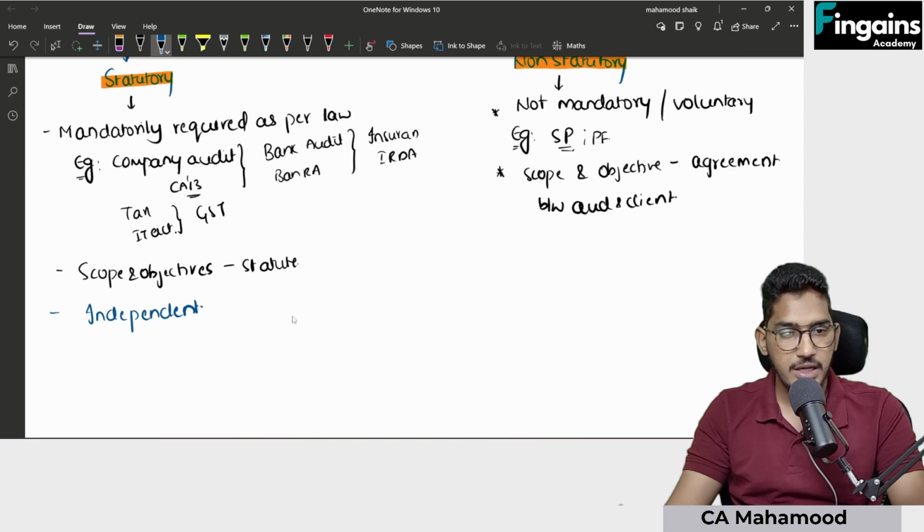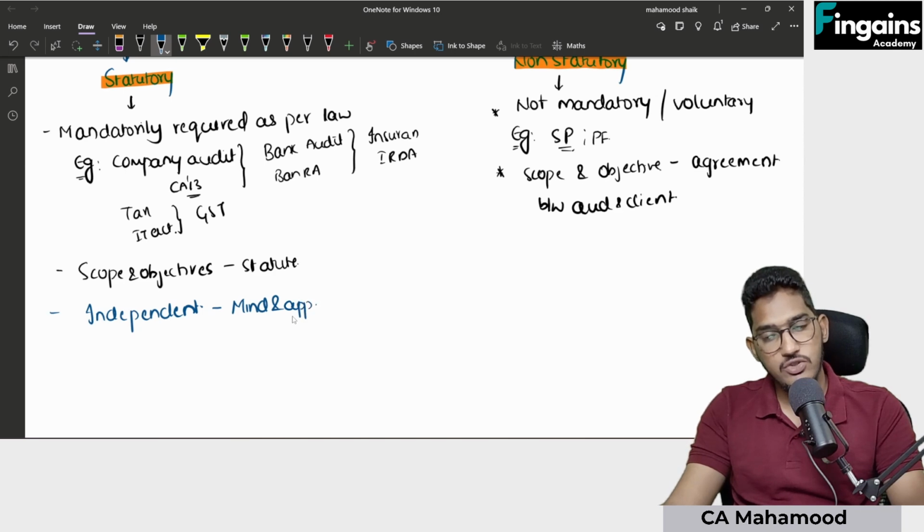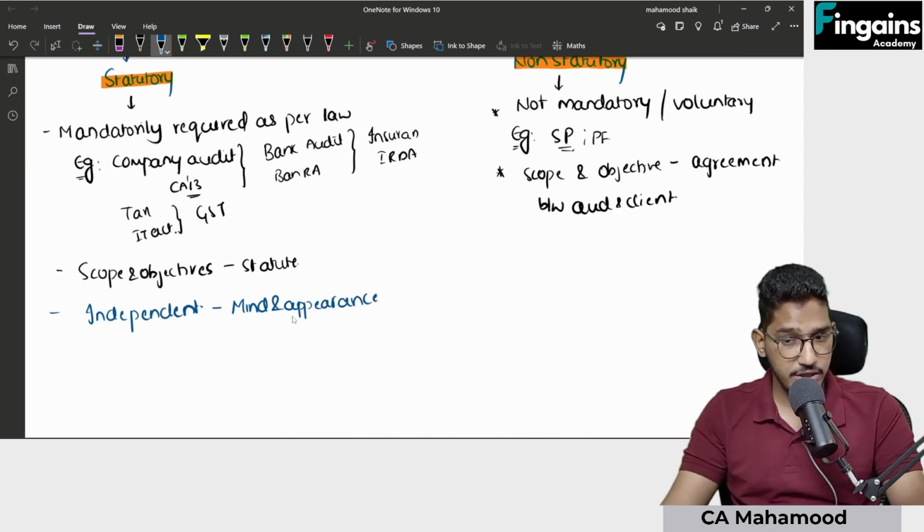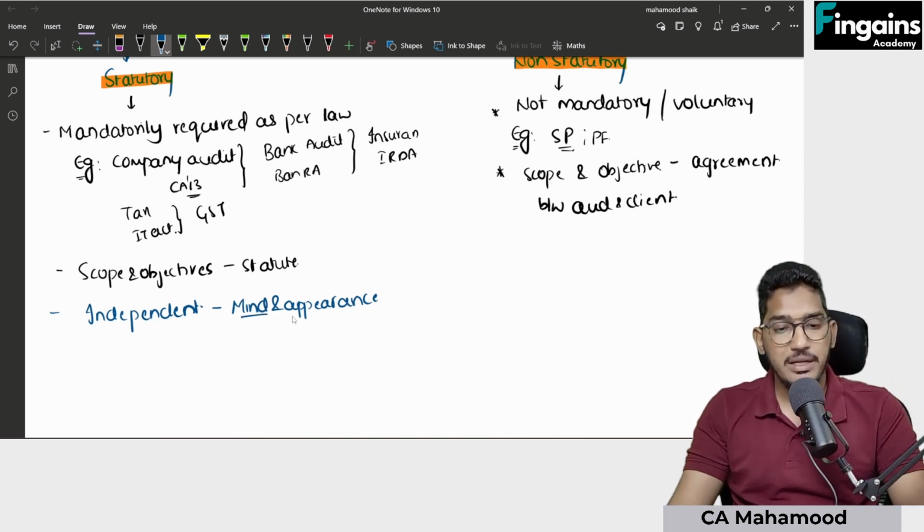What do you think? In the case of statutory audit, both independence of mind and independence of appearance are required.